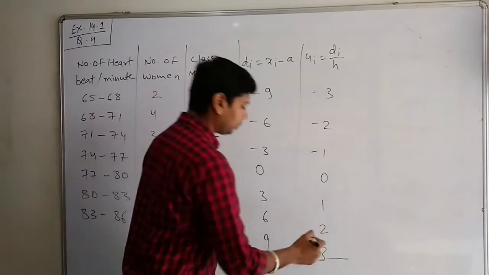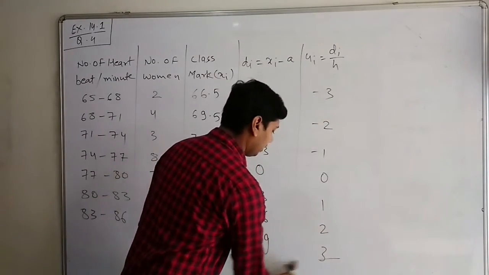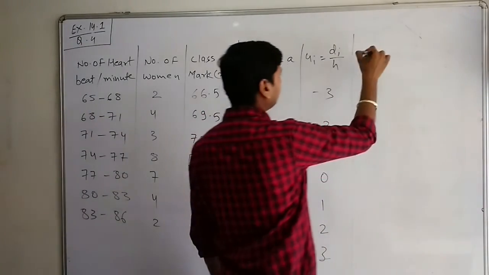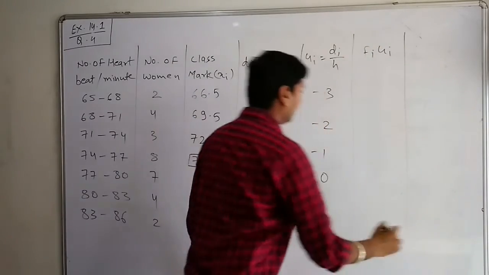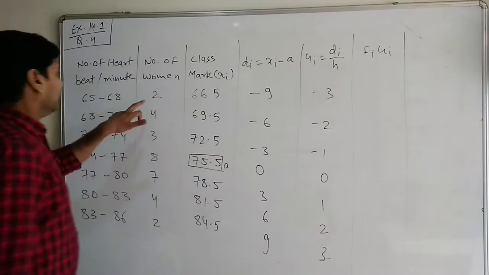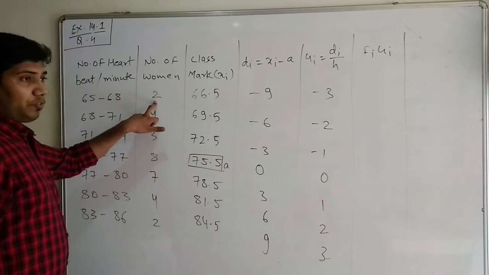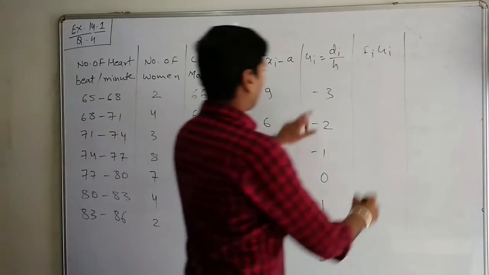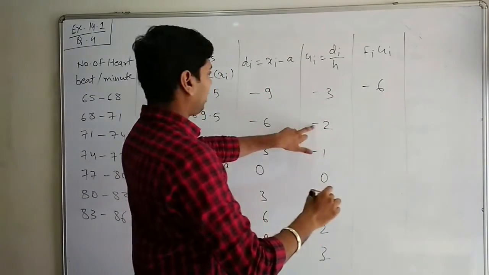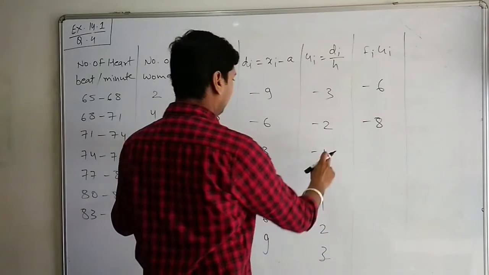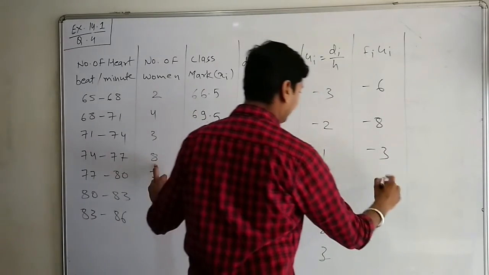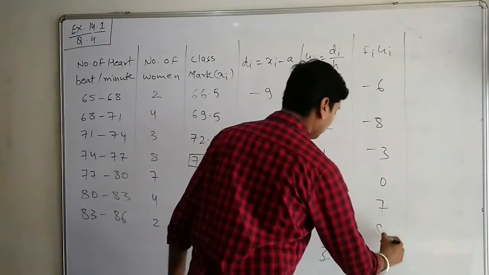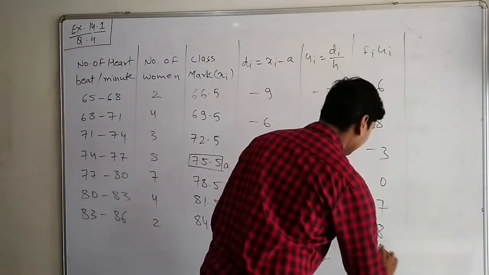Now the next step is fi ui. For this data, the frequencies are here, ui is here. So multiply these two values. 2 multiplied by minus 3 is minus 6, 4 multiplied by minus 2 is minus 8, 3 multiplied by minus 1 is minus 3, 8 multiplied by 0 is 0, 7 multiplied by 1 is 7, 4 multiplied by 2 is 8 and 2 multiplied by 3 is 6.